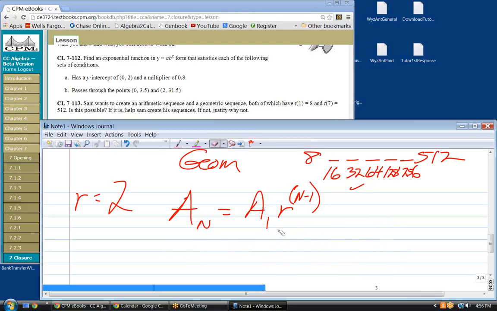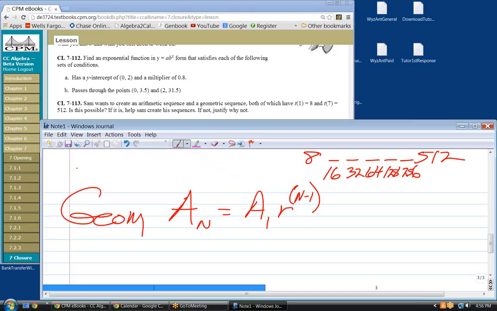And that's really pretty straightforward. Getting those two formulas down is really important. Let me rewrite them, because that's the geometric one. And then the arithmetic one is a sub n equals the first term.